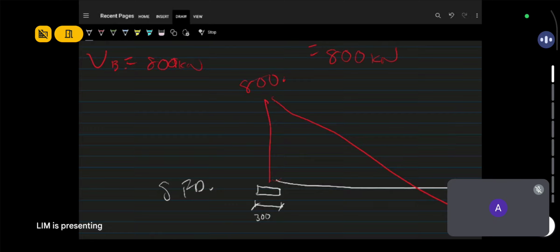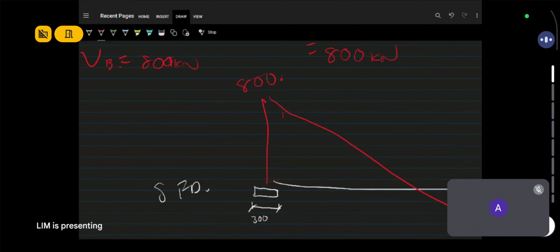So you have to calculate the shear at the face of the support. At the face, that means 150, because 300 is in the middle. So 150.